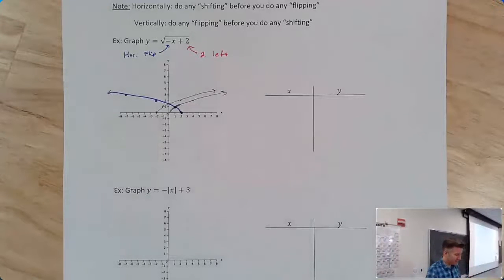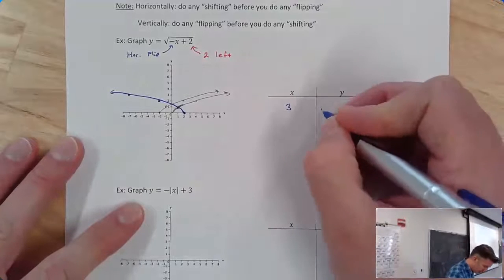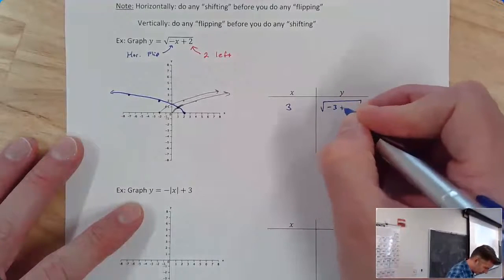One thing I like to think about, especially for square roots, is you can also figure out how things are supposed to look based on what the domain is going to be. So x can only be as big as 2. If you pick a value of x that's too big, look what happens. Let's say we picked x equal to 3. Then y is going to be the square root of -3 plus 2.